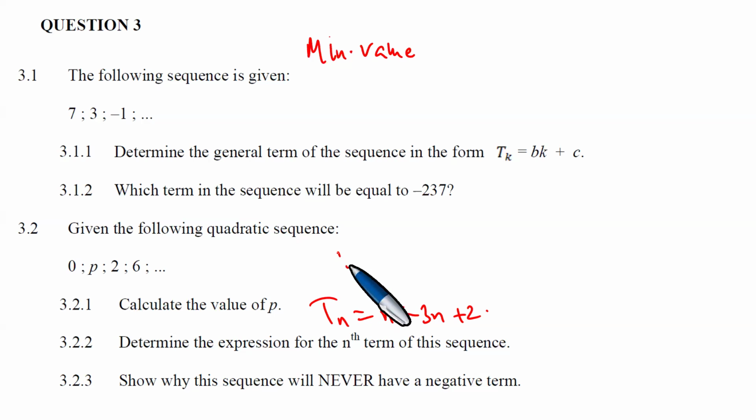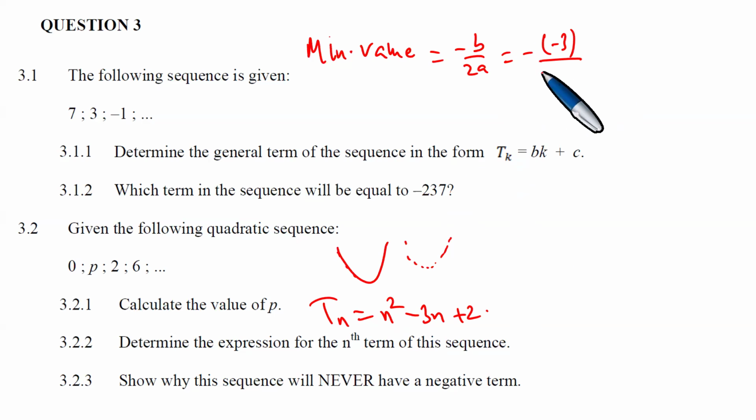The minimum value is minus b over twice a, which is minus minus 3 over twice 1, giving us exactly 3 over 2, which is 1 remainder 1/2.